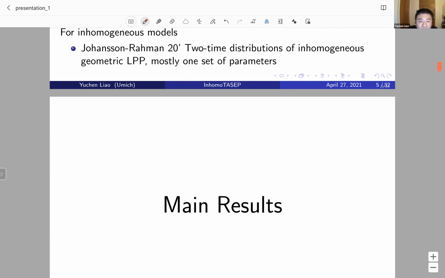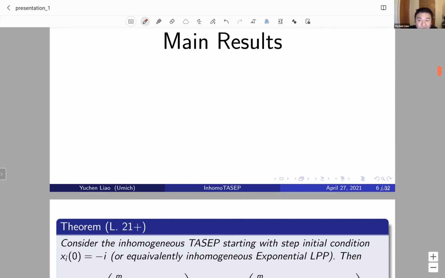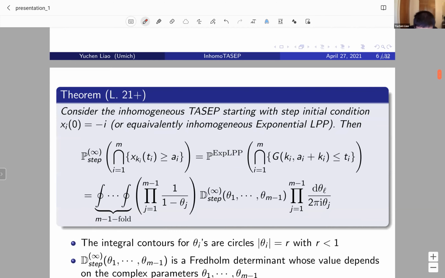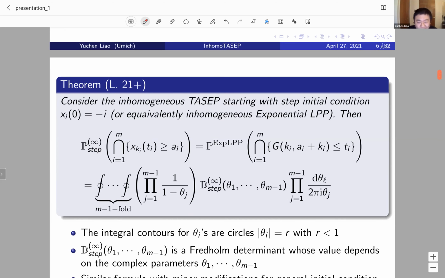Today what I'm going to talk about is the multi-time version of this. So here is the main result. It may take me a lot of pages to describe it, but this is essentially what it is. One considers an inhomogeneous TASEP with the two sets of parameters pi and pi j hat.